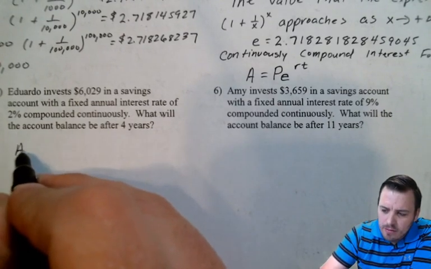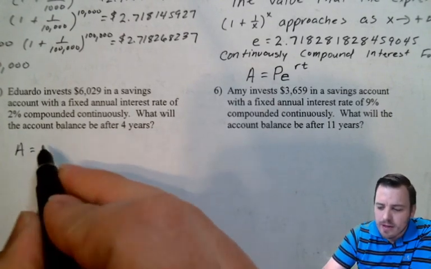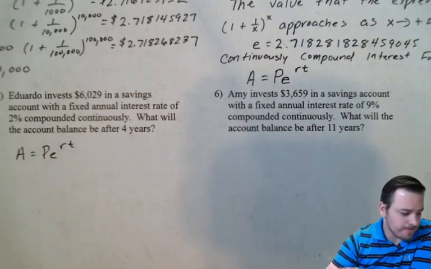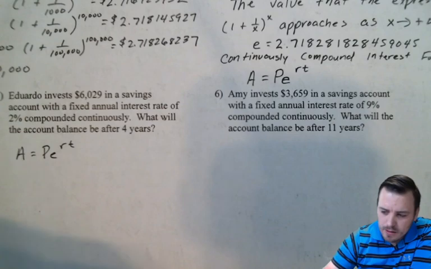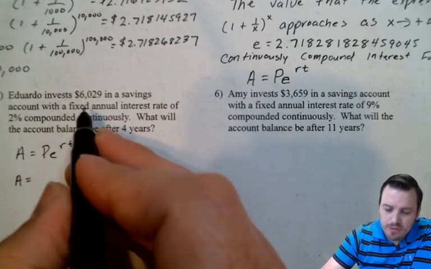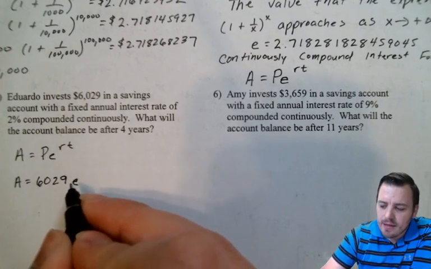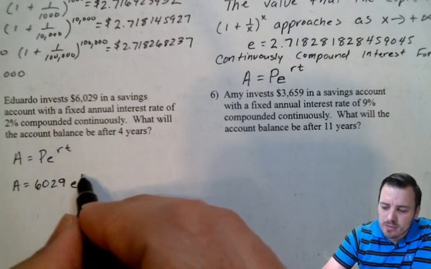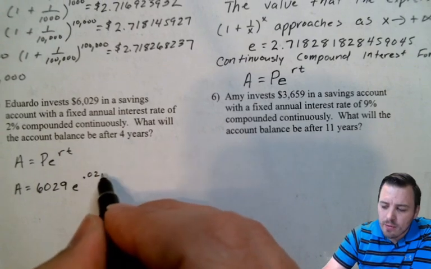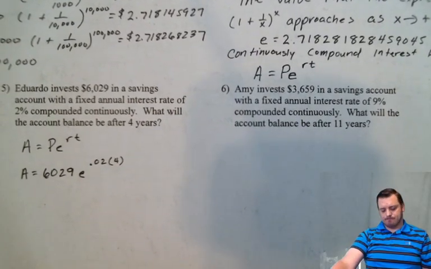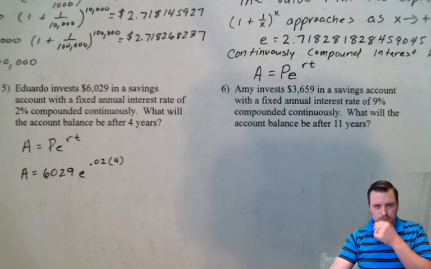The amount, right? Our formula. The amount equals P times E raised to the RT power. So A is equal to P, the principal, 6,029, times E raised to your rate as a decimal, 0.02, and they want to know after 4 years how much money will you have.